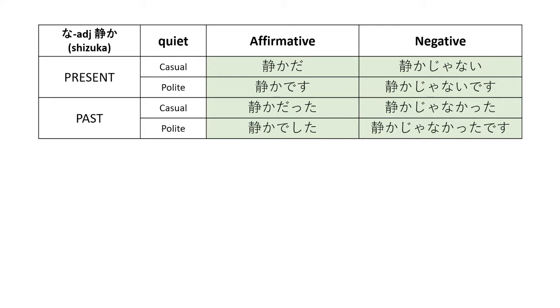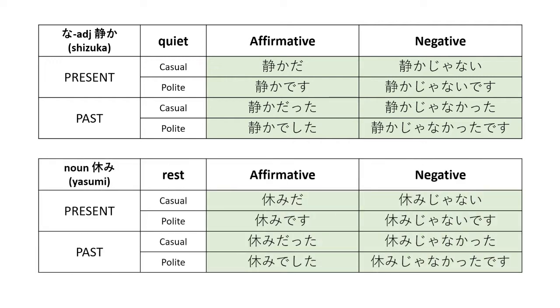So we have the conjugation: shizuka datta, shizuka dattara, shizuka janakatta, shizuka janakattara, right? And the noun is the same as the na adjective. So yasumi dattara, yasumi datta, yasumi janakatta, yasumi janakattara, right? So again, we use the casual past affirmative or negative. We never use the casual present or the past polite when using ra. Just the past casual, either affirmative or negative.